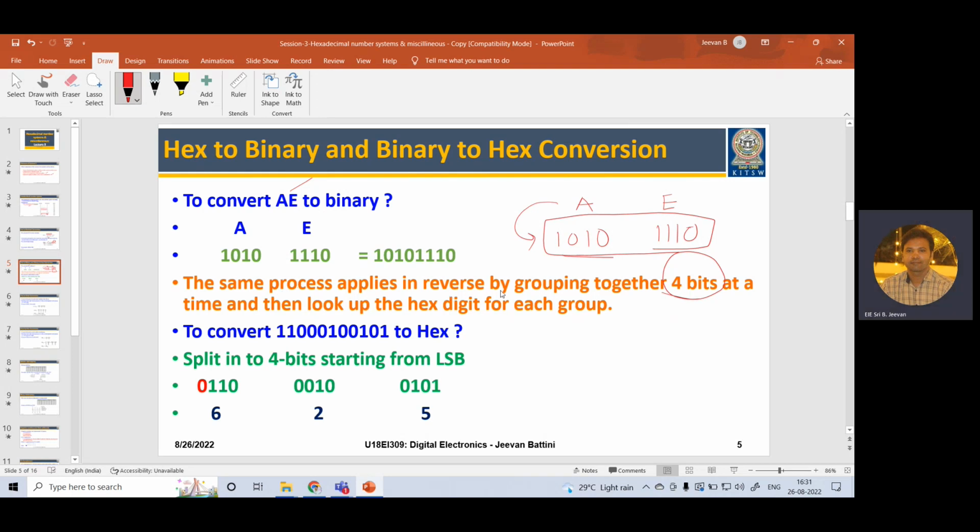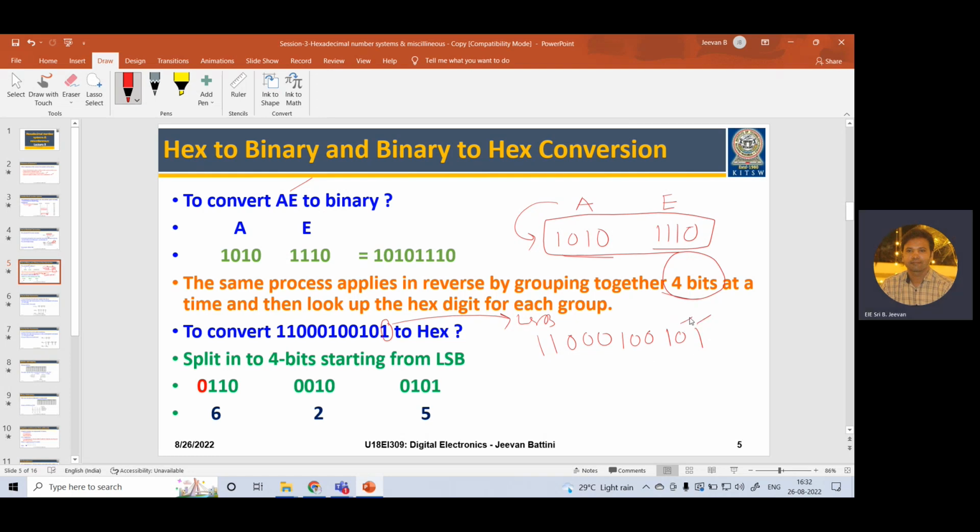The same process applies in reverse by grouping 4 bits together. If the question is binary to hexadecimal, the process is the same, but start splitting from the LSB, that is, the rightmost bit. Suppose the question gives the binary number 11100100101. Convert it into hexadecimal.